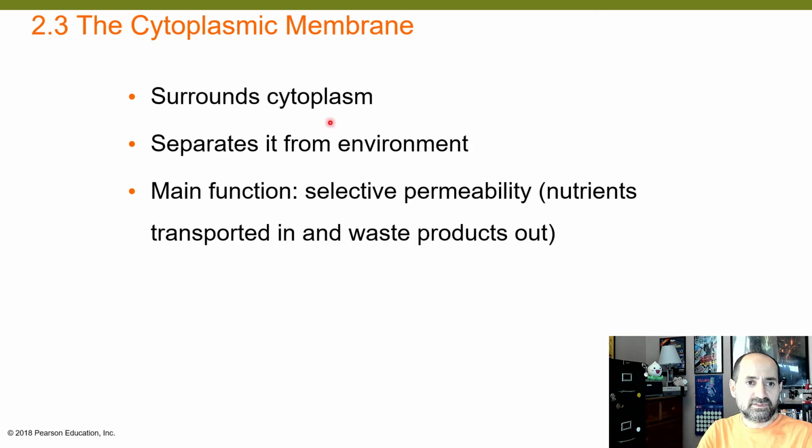It surrounds the cytoplasm. It's what keeps the cytoplasm inside of the cell and separates the cytoplasm from the environment. The main reason we have a cell membrane is its selective permeability, which means that it allows nutrients to be transported in, waste to be transported out.